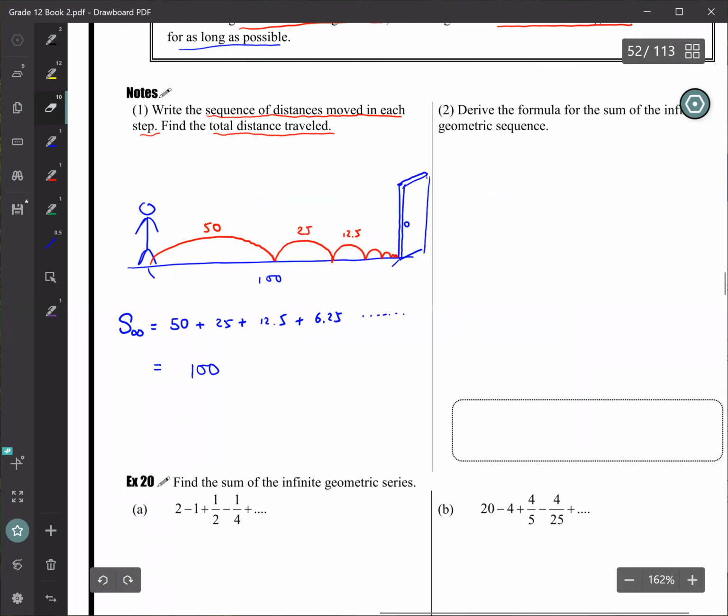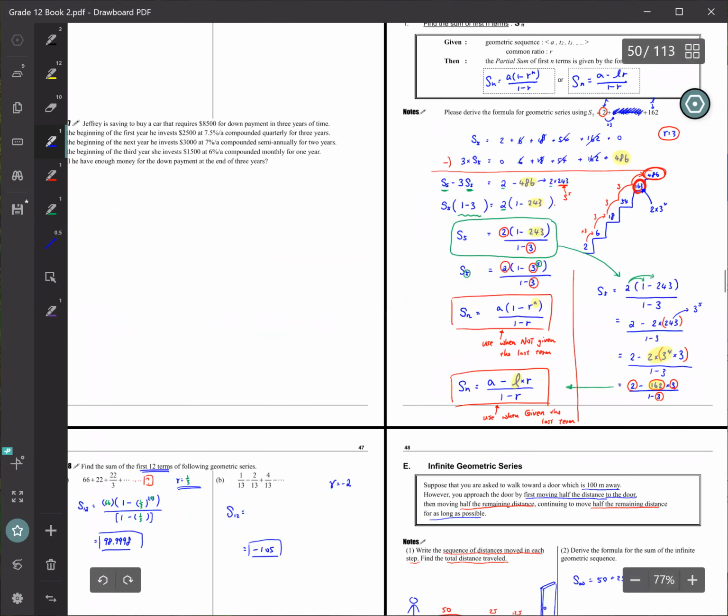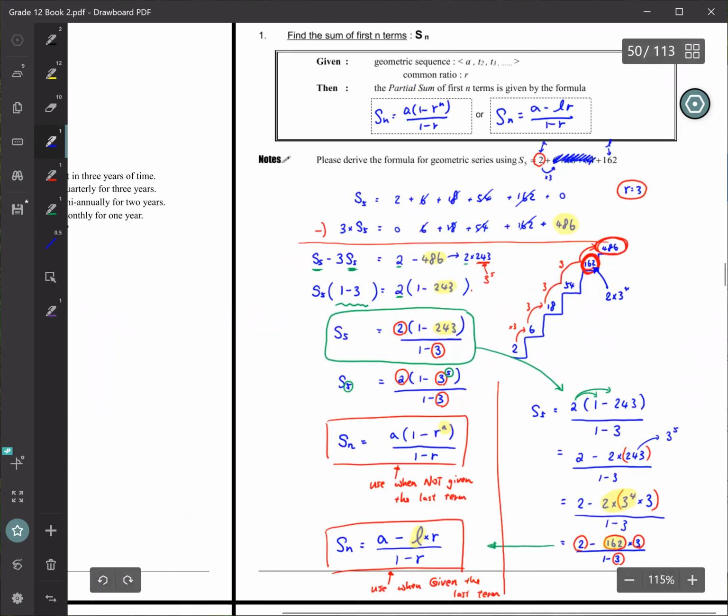Let's use the formula that we already know. Look at this question. We'll copy the question again. S infinite is 50 plus 25 plus 12.5, dot, dot, dot. The only two formulas we learned so far were these two, number 1 and number 2.